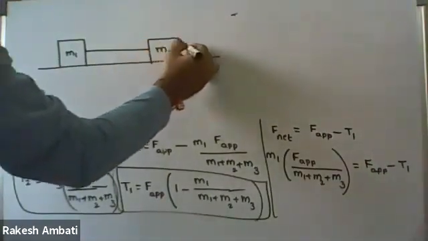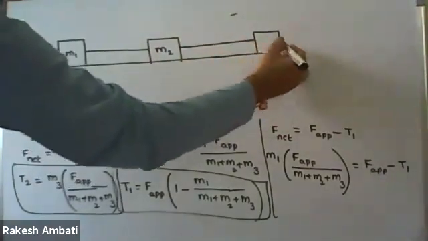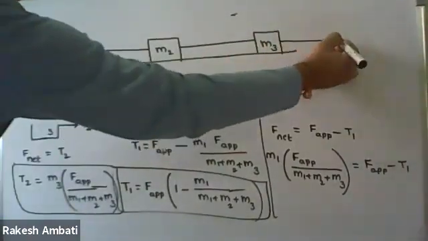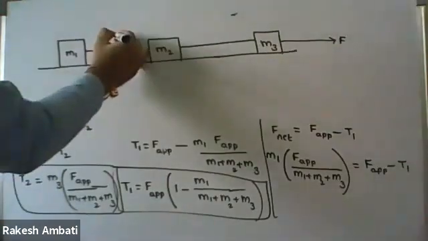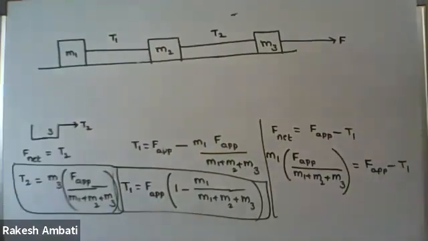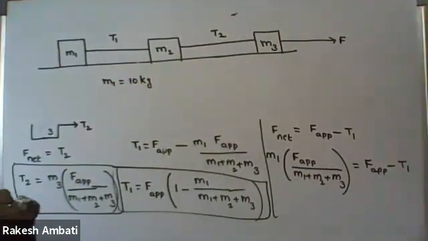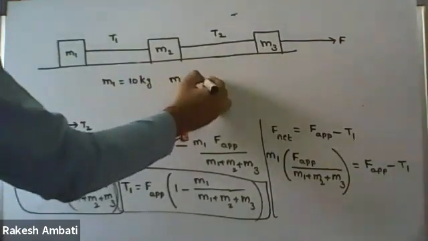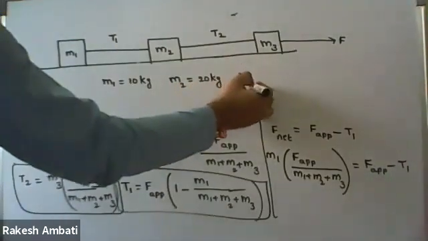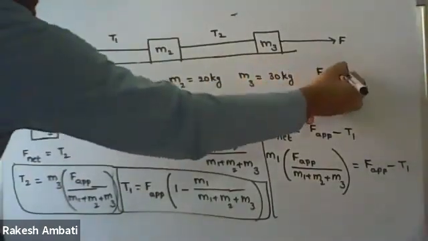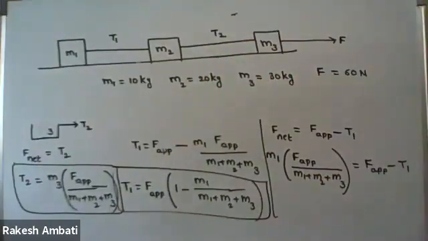So it is a homework question. In the question, M1 mass 10 kg, M2 mass 20 kg, M3 mass 30 kg, and applied force 60 newtons.